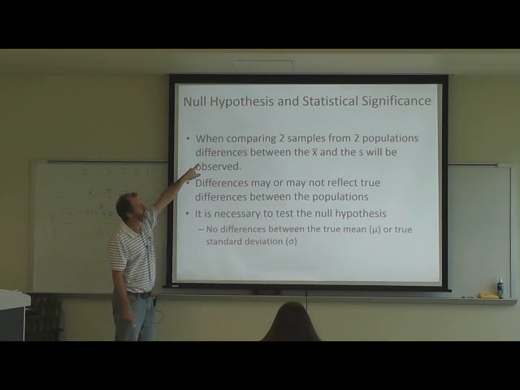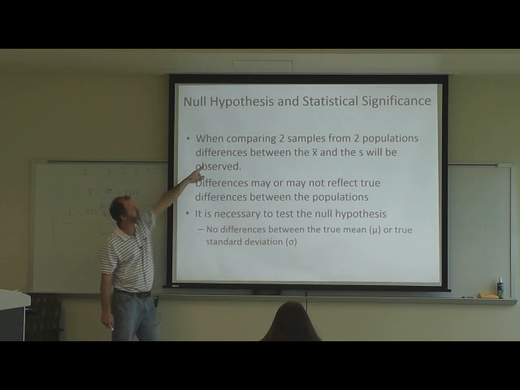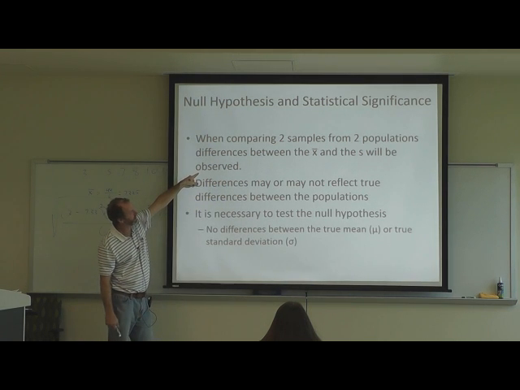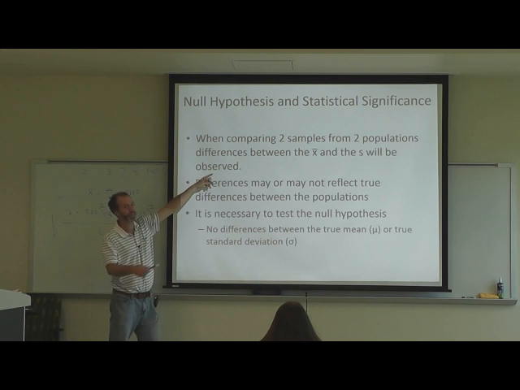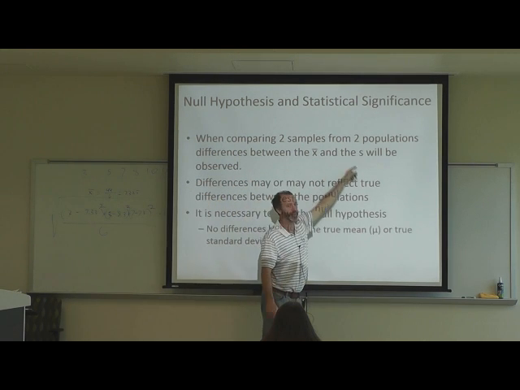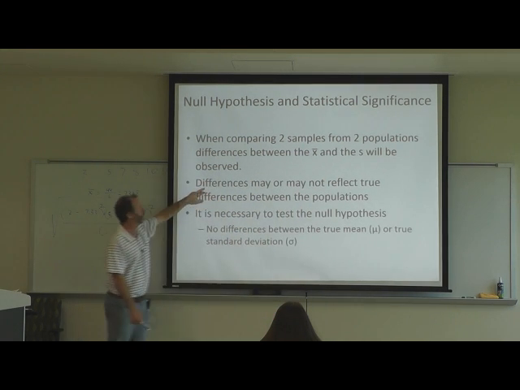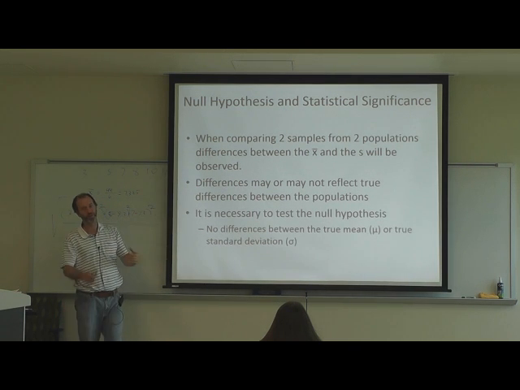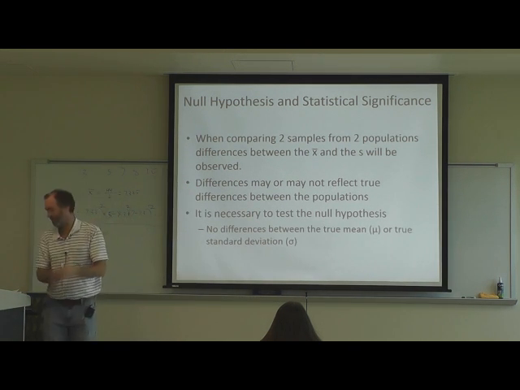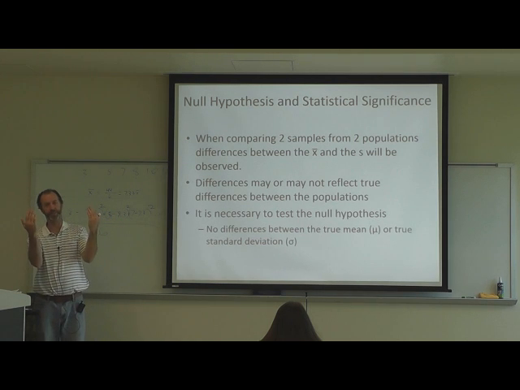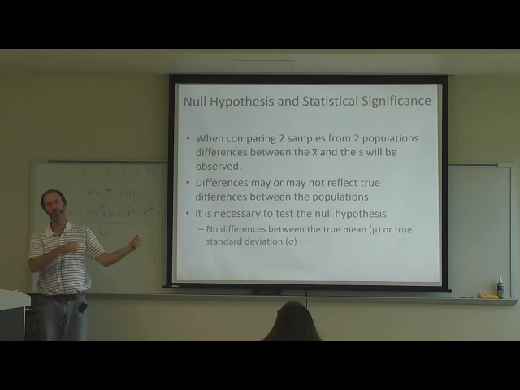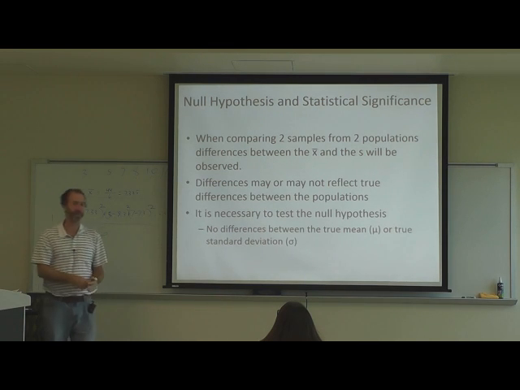So when comparing two samples from two populations, the differences between the means and the standard deviations will be observed. So you'll see different means and different standard deviations. Differences may or may not reflect the true differences. You can get differences in the means and differences in the standard deviation, but it still just may be variation in your sampling, right?